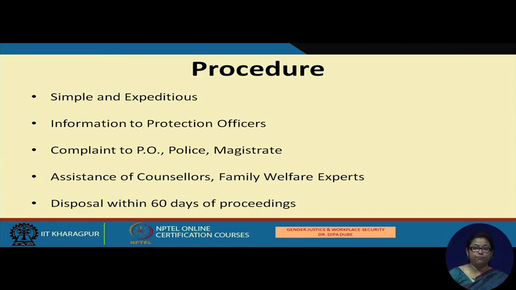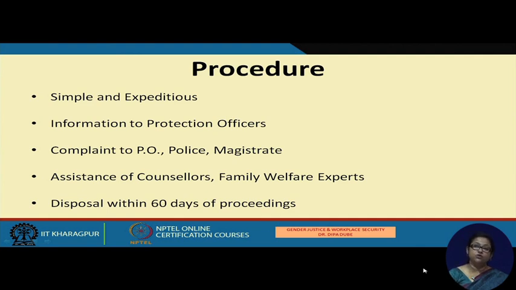The woman can approach the protection officer, or she can approach the police, and the police is required to assist her and see that she is referred to the appropriate place, or to the protection officer who will help. Or she may move directly to the magistrates who are entitled to look into these issues of domestic violence.